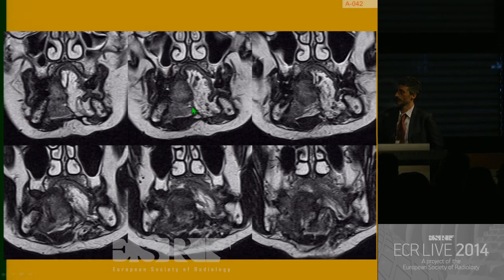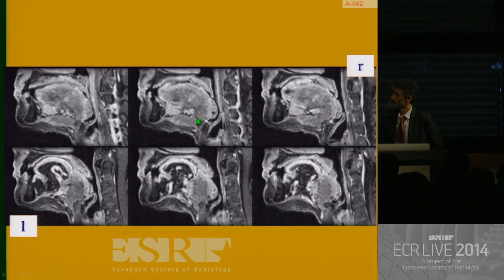This is the site of the sublingual gland. If you move to the sagittal plane, you see that this is the same signal intensity you would expect from a sublingual gland, which is probably hypertrophied because it's working also for the contralateral one, which was resected.